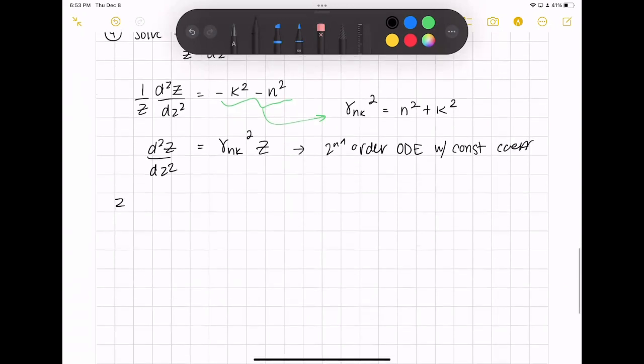And the solution to that will be, we'll use a variable C and D.